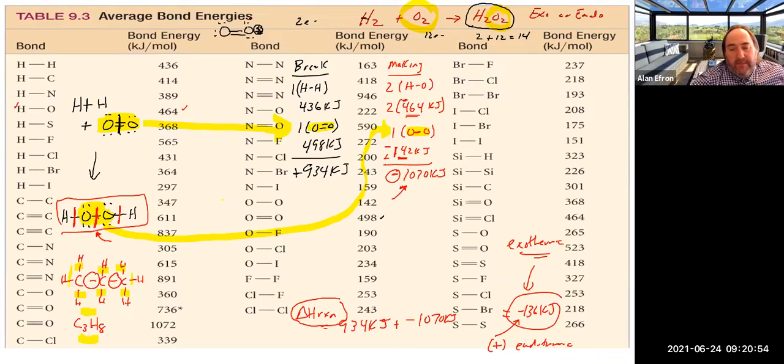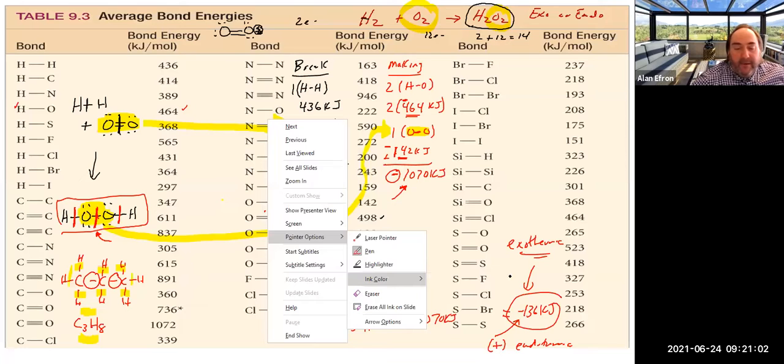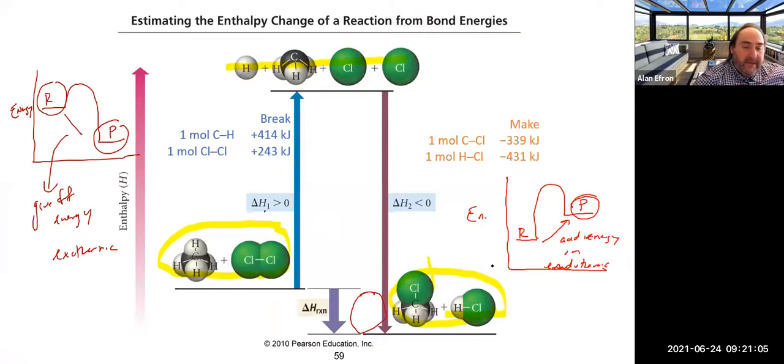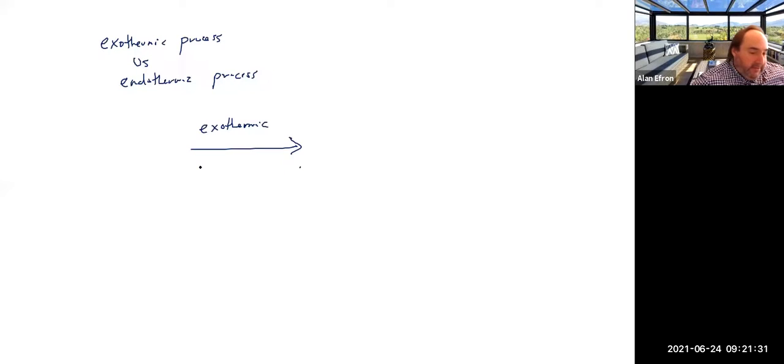Because when we talk about energy, and again, we don't talk too much about energy. This is probably it in terms of anything that involves energy and calculations. But when we talk about that idea of an exothermic process versus an endothermic process, say you're going one way that is exothermic, and say you were doing something going the other way, that's endothermic, whatever it may be.